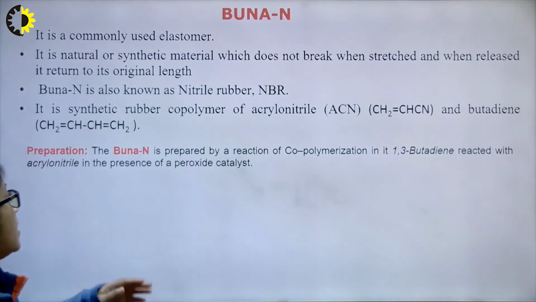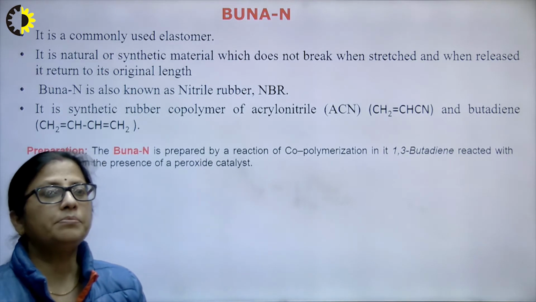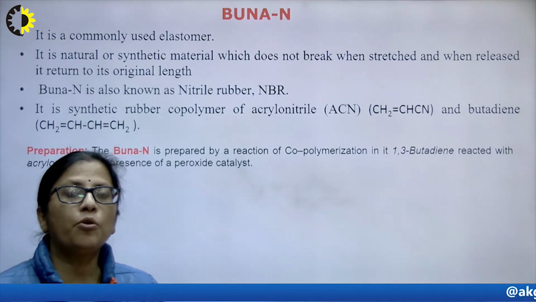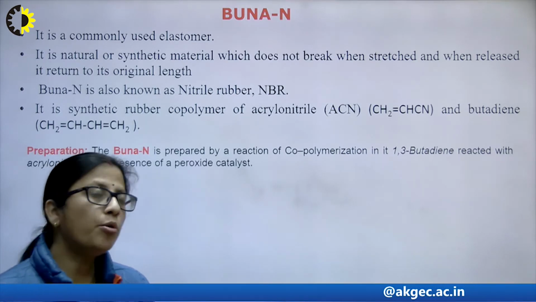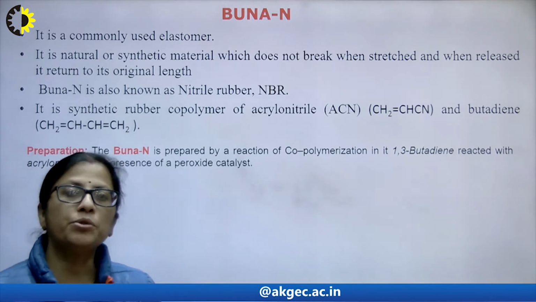As I have already said, it is also known as nitrile rubber. Now, this Buna N is a synthetic rubber copolymer of acrylonitrile and butadiene. That means the monomers of Buna N are acrylonitrile and 1,3-butadiene.